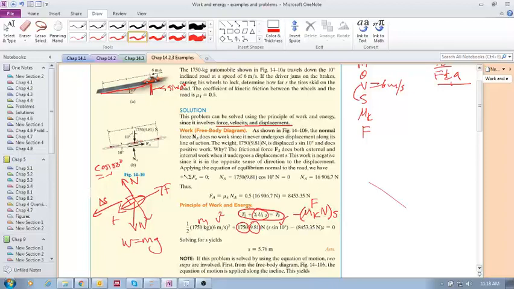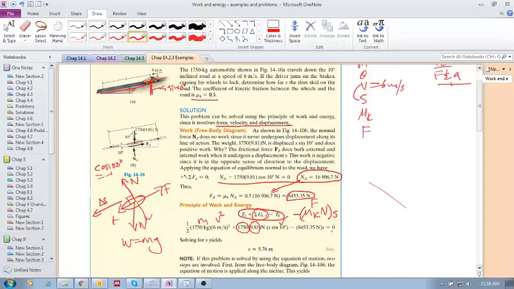Mu k is equal to 0.5, but we don't have the normal force, so we simply sum forces in the normal direction and solve for it. There's my normal force. I plug that in, multiply by my coefficient of kinetic friction, and there's my friction force, 8453.35. Remember, it's negative because it's opposing the direction of motion, so it does negative work, and we multiply it by S.